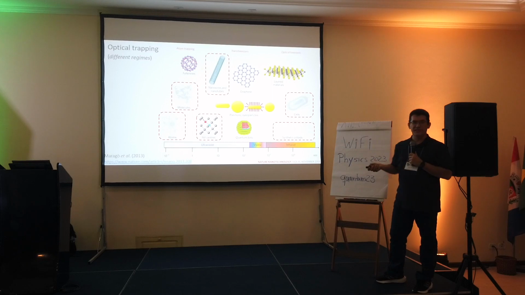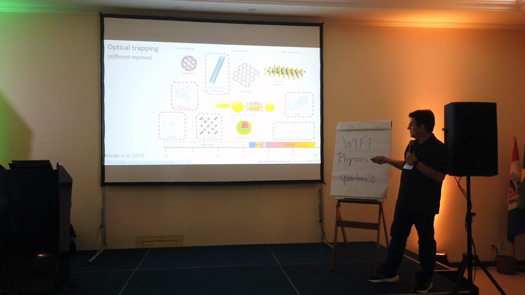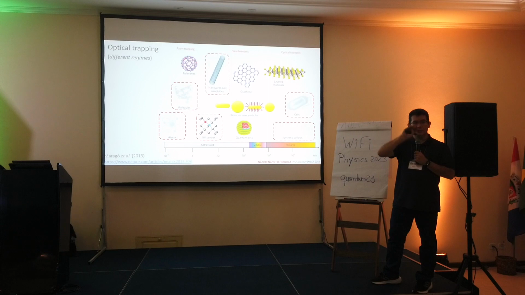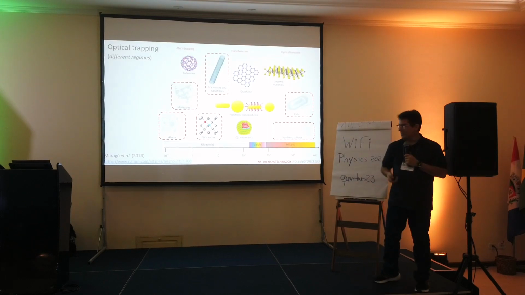And the other one, of course, is the one I'll be talking about for those of you who will be here next week at the workshop, NV centers. Although in that presentation I will not be talking about trapping NV centers in optical tweezers, this is something we did in our lab too, and that is trapping nanodiamonds with NV centers. If you don't know what NV centers are, that's another story, not for today.